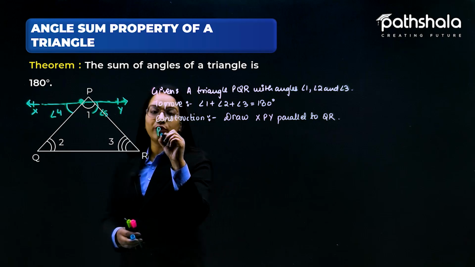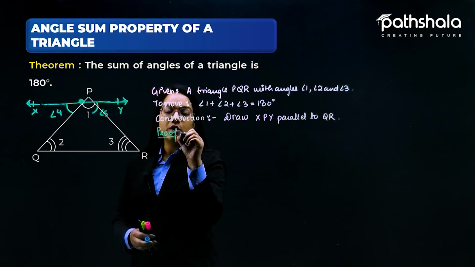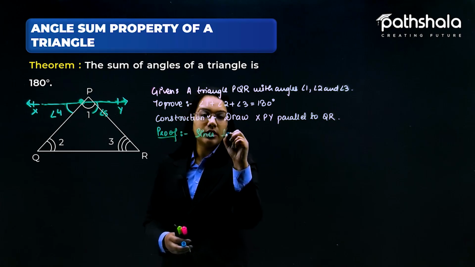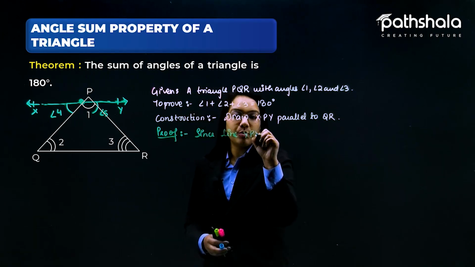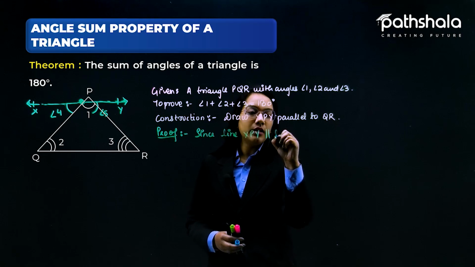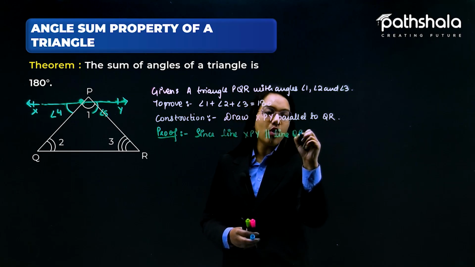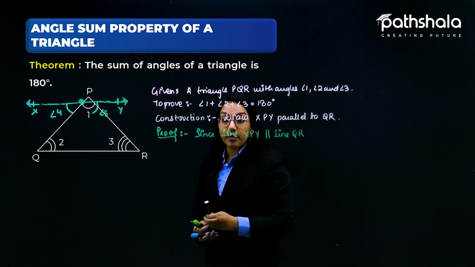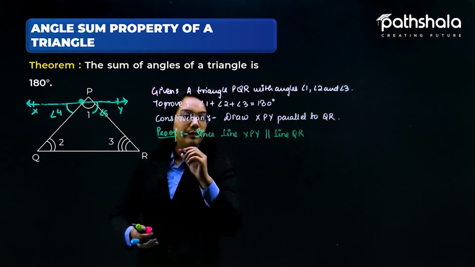Let's start the proof of this theorem. First of all, since the line XPY is parallel to the line QR, we can take PQ as a transversal.